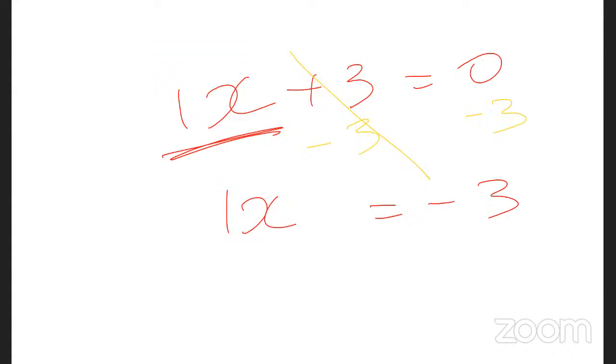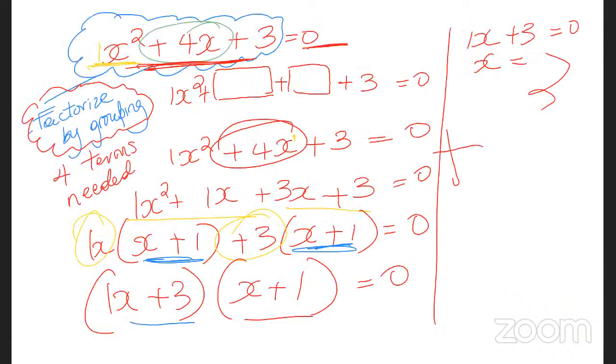And 1x is the same thing as saying x equals negative 3. So we know that right here, x equals negative 3. Let me write the 3 better for you, Sashin. And so that's that bit.